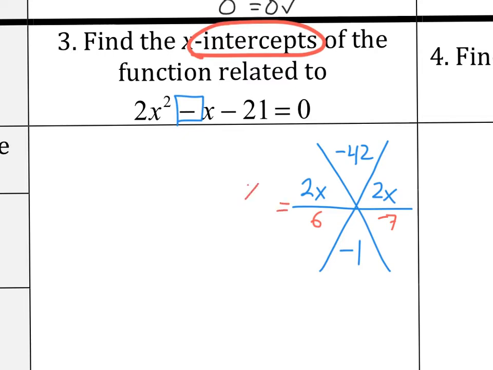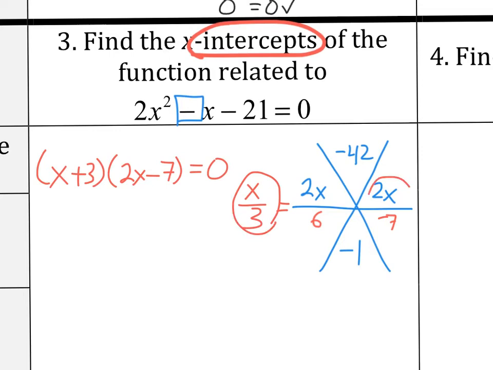And this side reduces to x over 3. So when I bring the factors across, I get x plus 3 times 2x minus 7. All that equals 0. X plus 3 and the 2x minus 7.